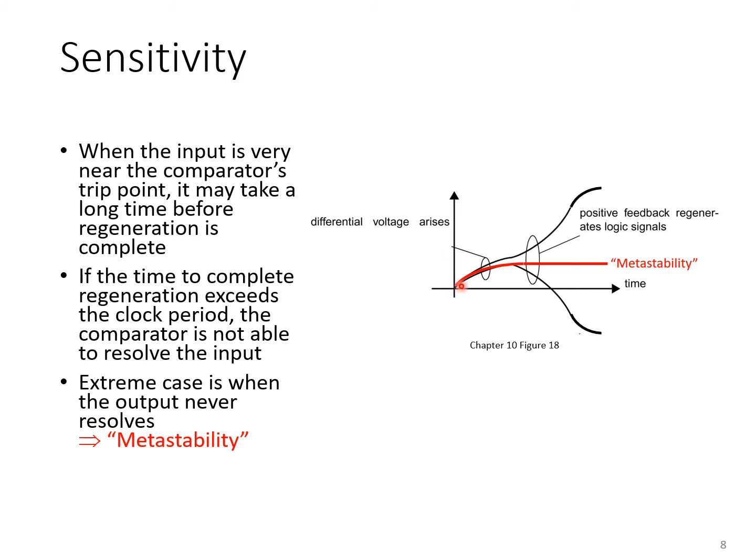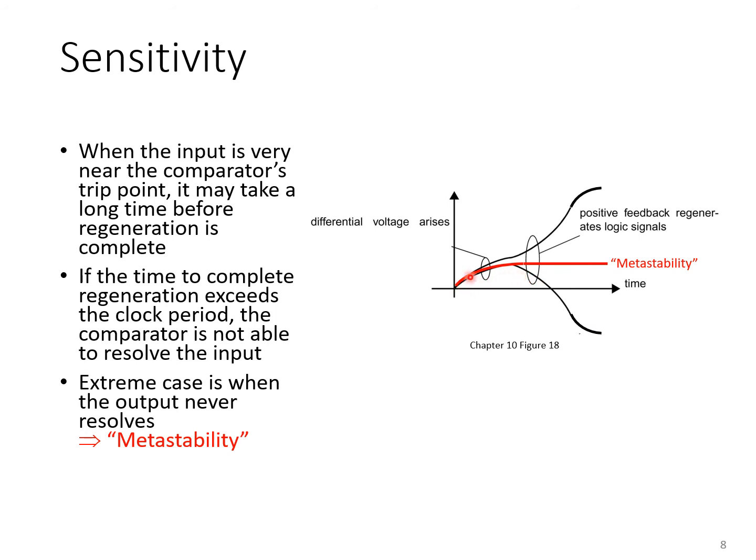So the black waveforms shown here are the typical ones that we see at the differential nodes at the regenerative comparator output, where one side has an advantage, it's growing quicker than the other one, and then regeneration takes over, and then finally the latch saturates at the logic levels.